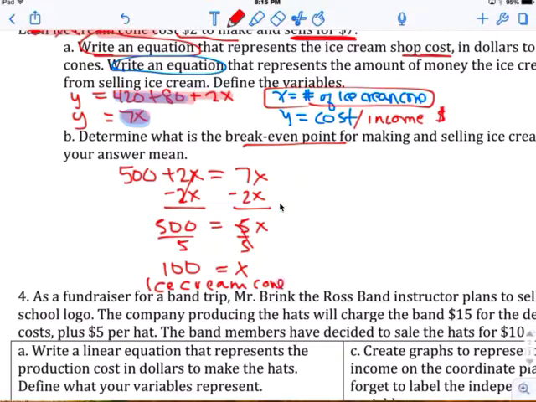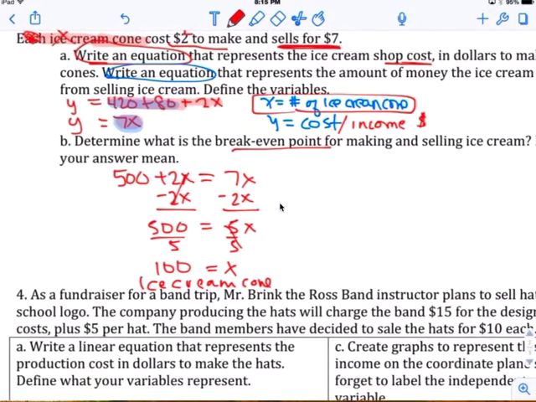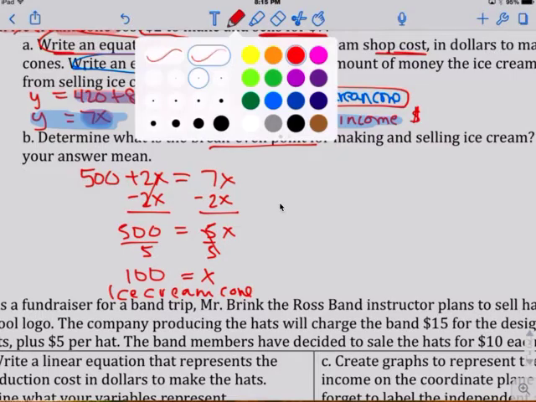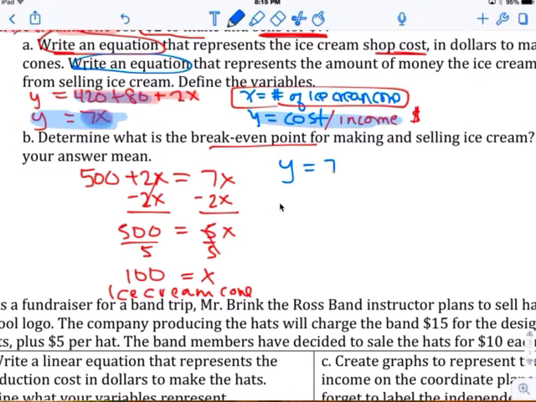Okay, let's use this equation right here to find the cost and income, to find what Y is, the cost and income for 100 ice cream cones. So Y equals, we'll use blue for that one. Y equals 7x. So Y, cost and income, is 7 times 100 for 100 ice cream cones.